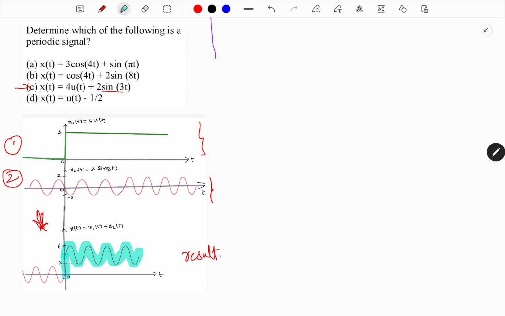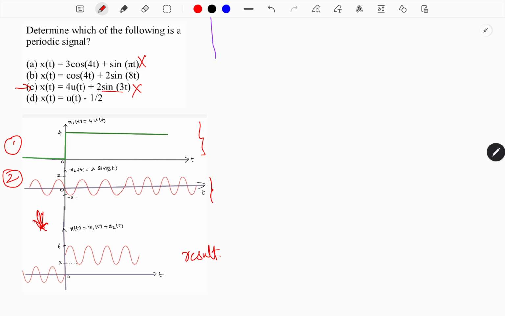So by seeing the overall signal, it is not a periodic signal. By seeing this resultant graph, we can say that option C is not a periodic signal. Option A is also not periodic.